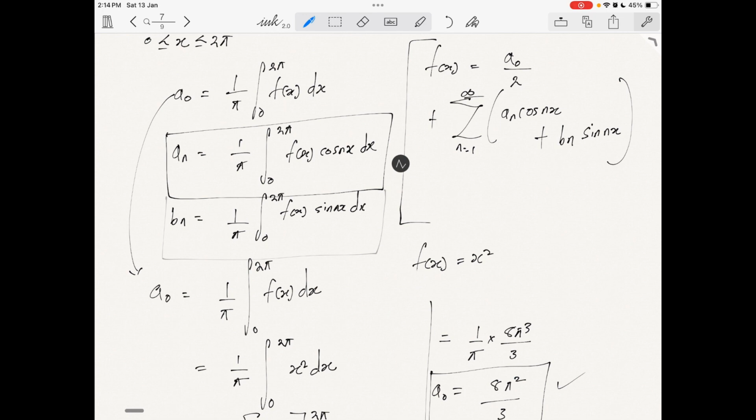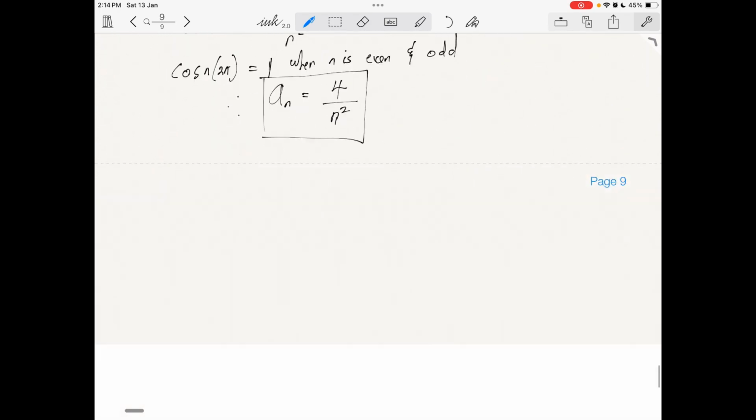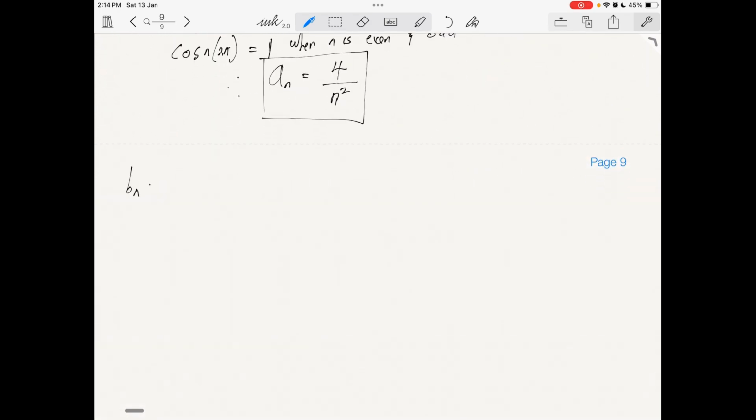Bn is 1 over pi integral of 0 to 2 pi of f of x sine nx dx. So bn is equal to 1 over pi integral of 0 to 2 pi f of x sine nx dx.